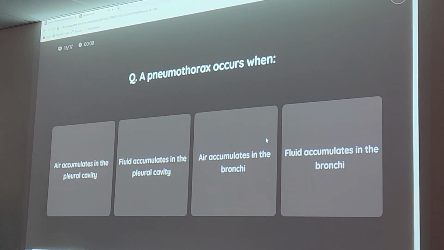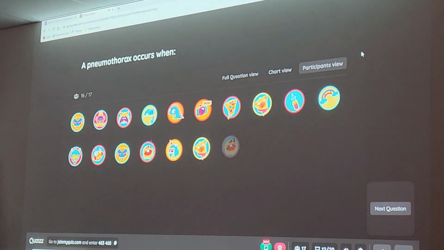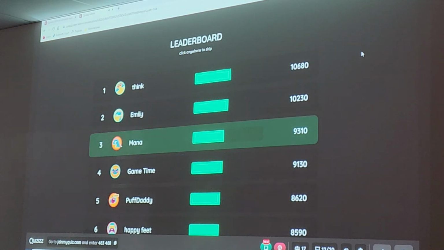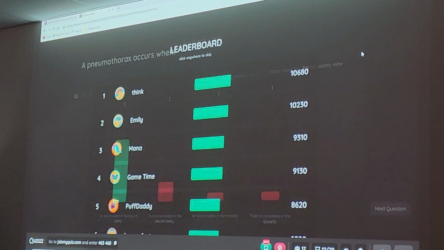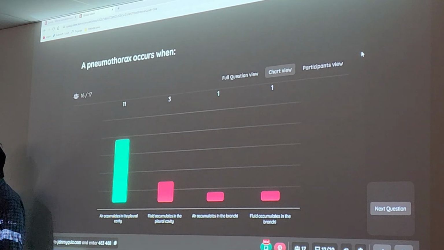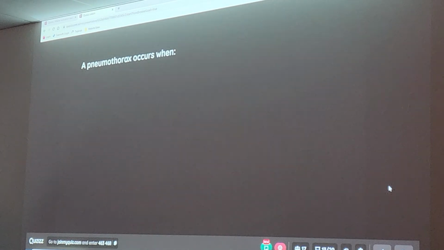All right. So yes, the correct answer is air accumulating in the pleural cavity or those pleural spaces. And remember, it is air and not fluid in pneumothorax. Pneumothorax is air.